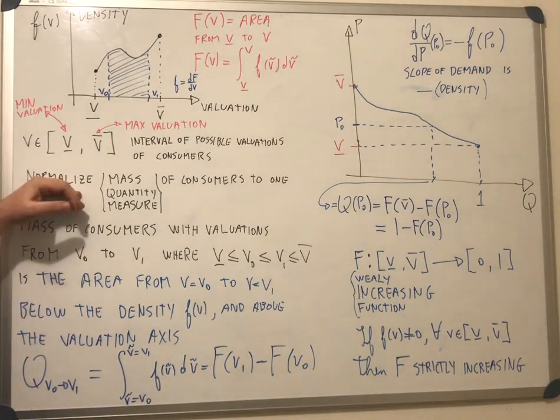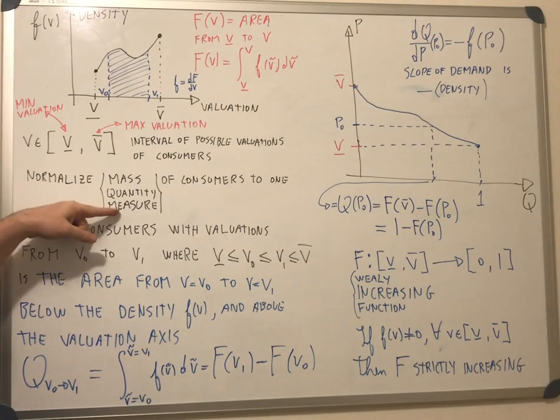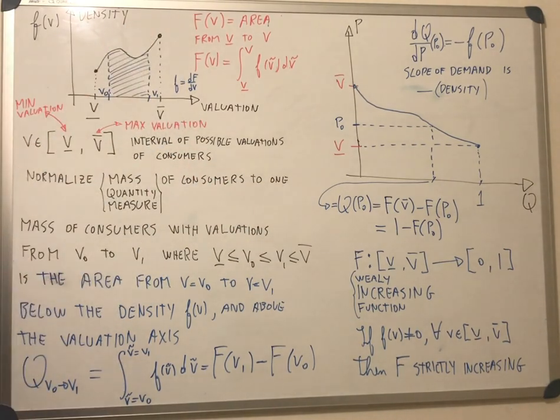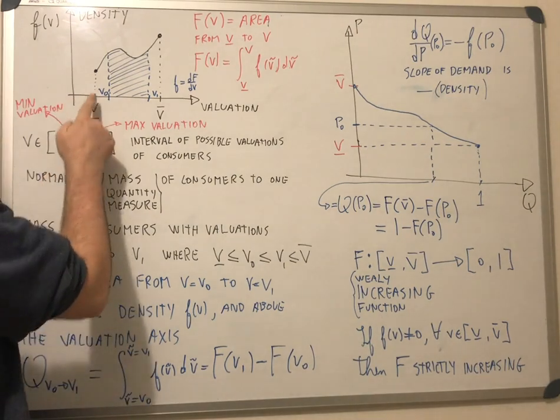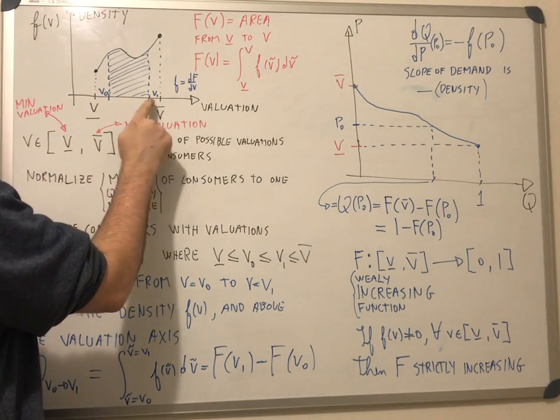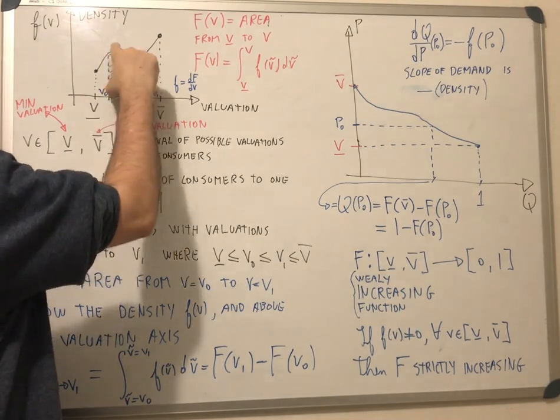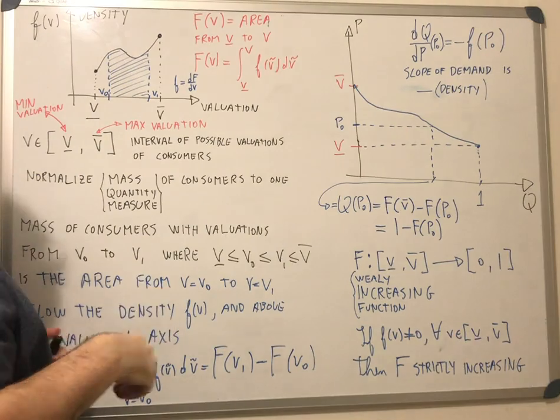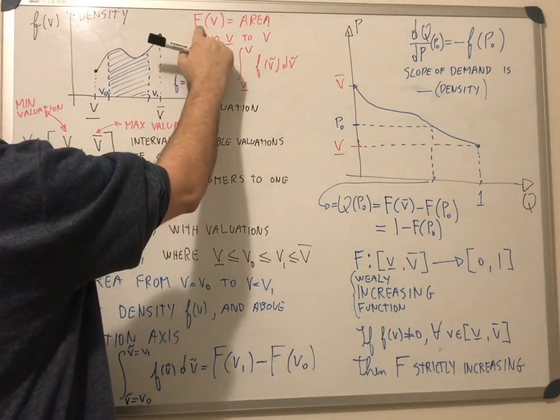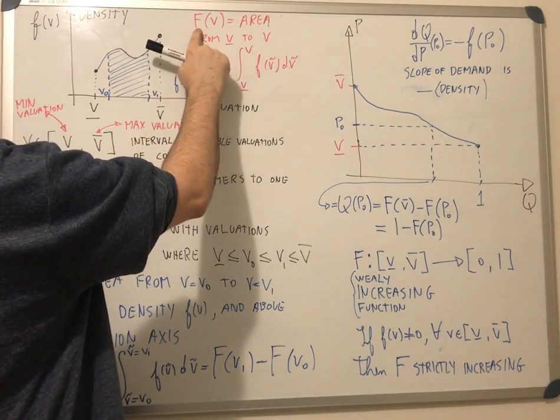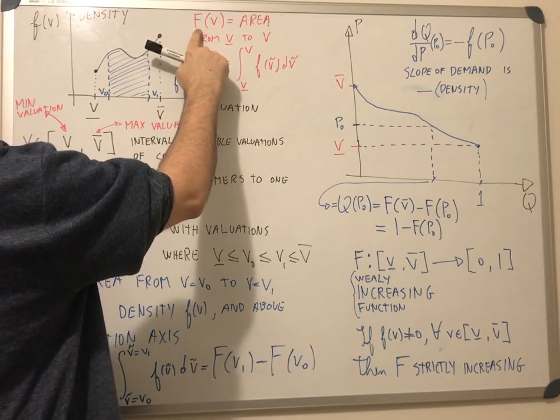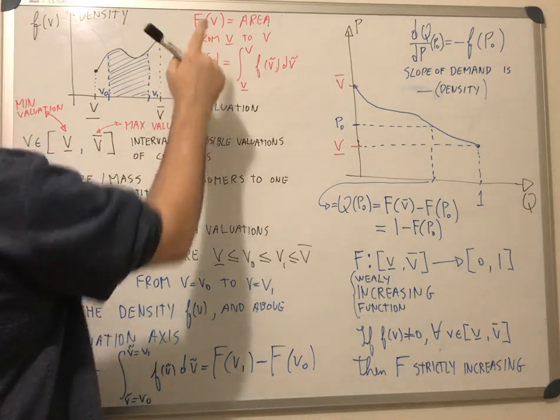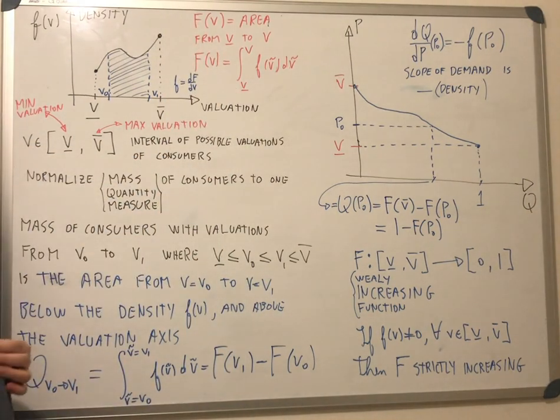So we're going to normalize the quantity, or the mass, or the measure of consumers to 1. If I calculate the area below this graph, from this point to this point, it is going to be 1. And the area is given by the cumulative distribution, uppercase F. So lowercase f is the density, and uppercase F is the cumulative distribution of valuations.